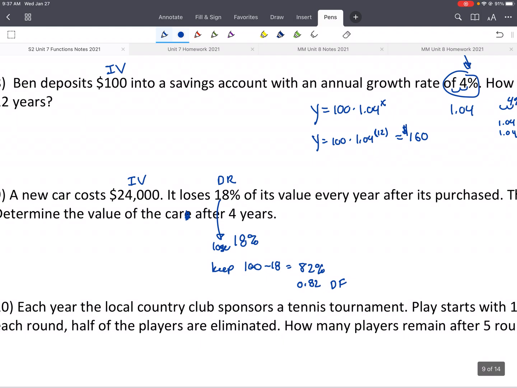So we'll write our equation: y is equal to 24000 times our decay factor, 0.82, to the x, and we want to know how many years it is, so we'll just evaluate it when x equals 4. So y is equal to the same thing to the power of 4 for 4 years.